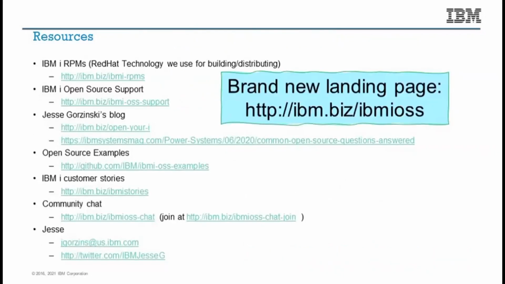The other thing as well, and this is the page with all the boring links on it, that's how you know you're at the end of a presentation, right? But there is this new landing page, ibm.biz/IBMIOSS, all lowercase. You can see it right there on the right. That landing page is definitely something you should check out, whether you're brand new to open source or you've been doing open source stuff for a while.